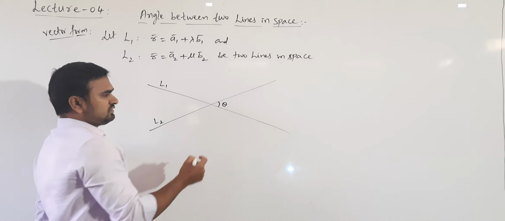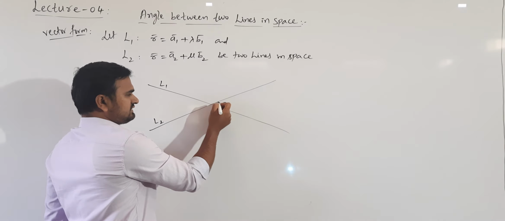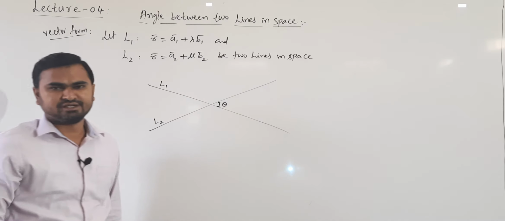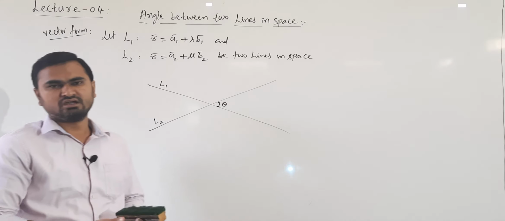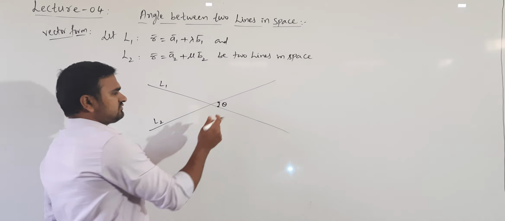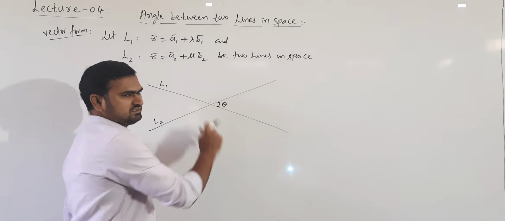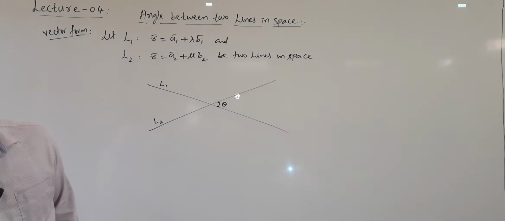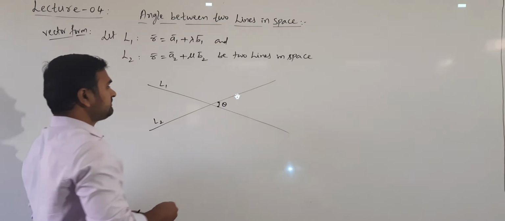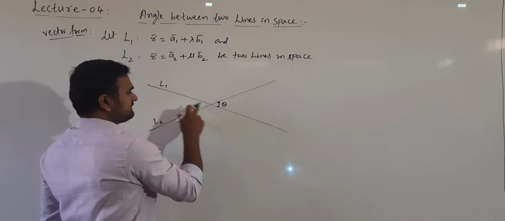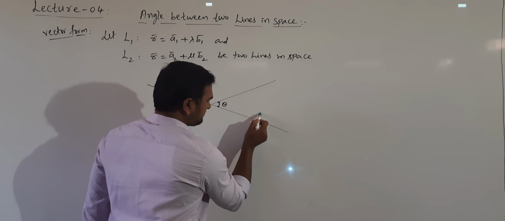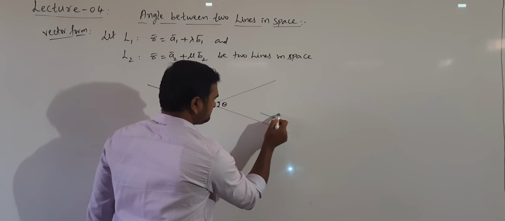Actually two angles exist. One angle is theta, and the other angle between the two lines is 180 minus theta. Usually we take the acute angle, so we have to find this theta. Now observe, the first line is parallel to the vector b1 bar, so I can draw the parallel vector b1 bar like this.